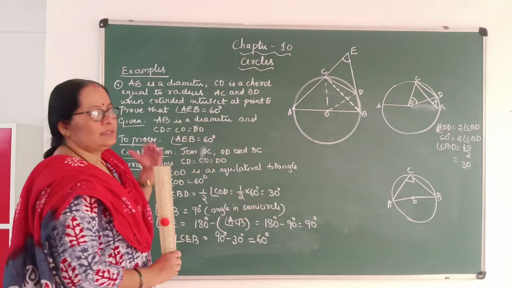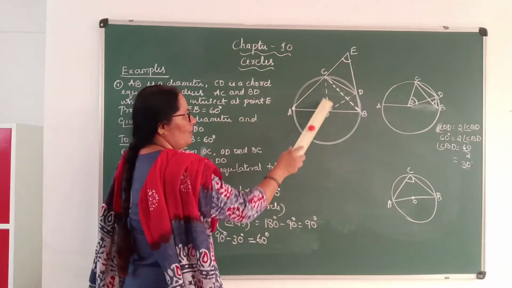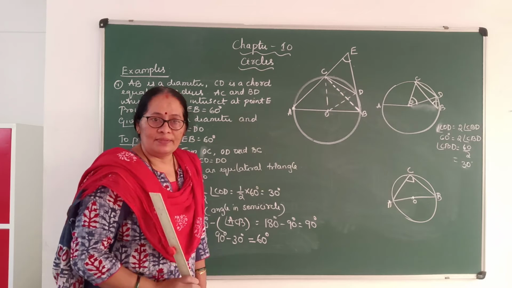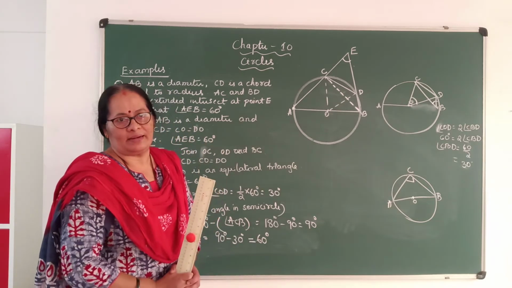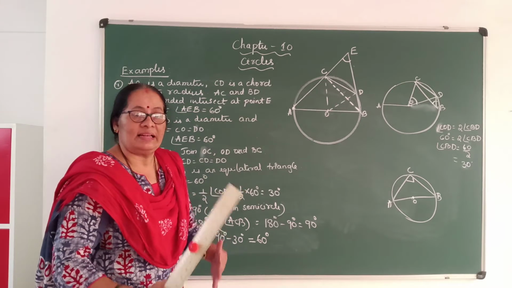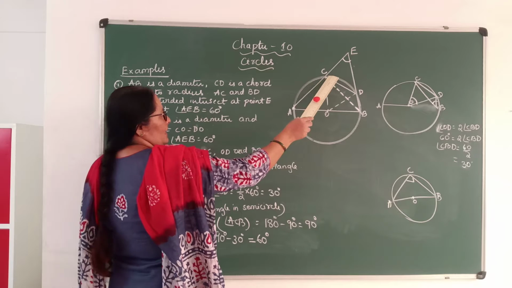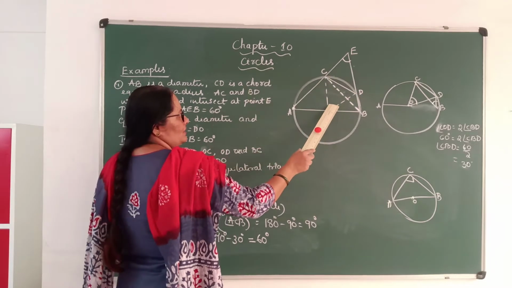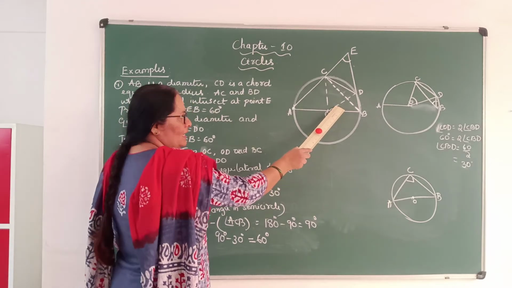So here in this question, the chord is equal to the radius. CO and OD are the radii of the circle, so we can say that triangle COD is an equilateral triangle. In an equilateral triangle, each angle is equal to 60 degrees. Therefore, angle COD equals 60 degrees.